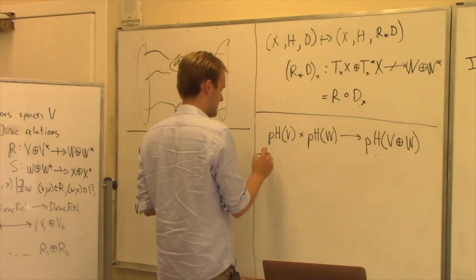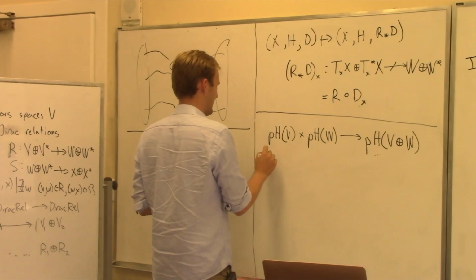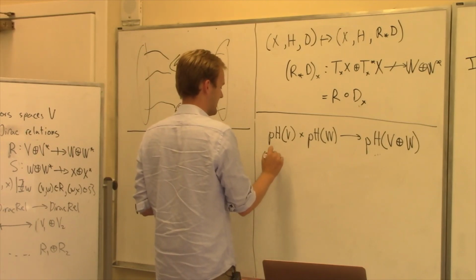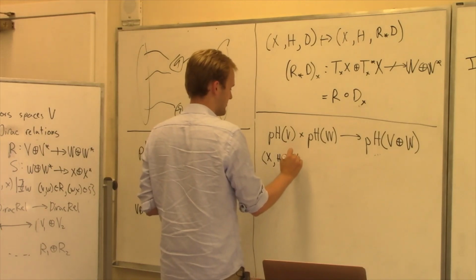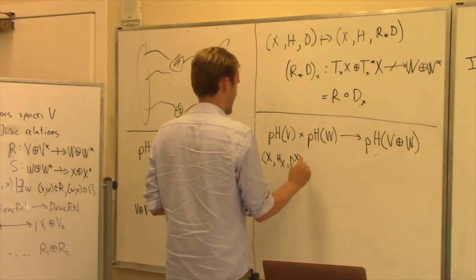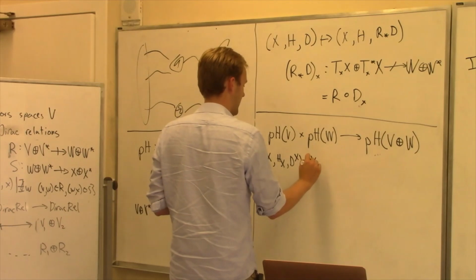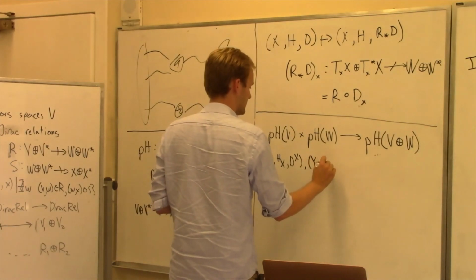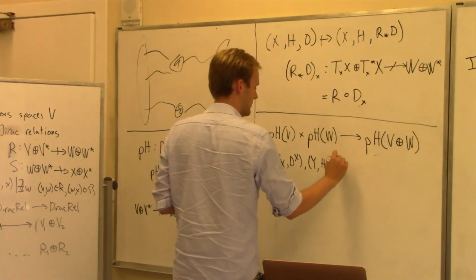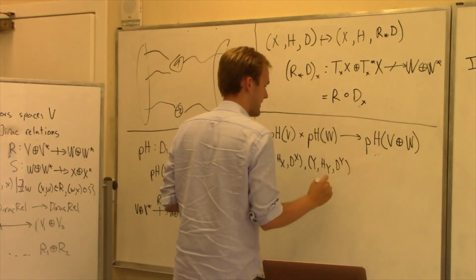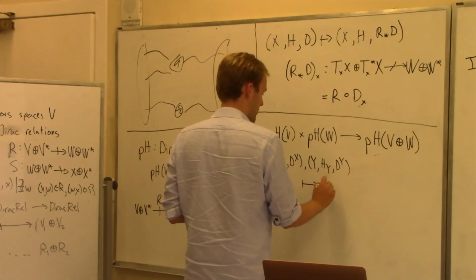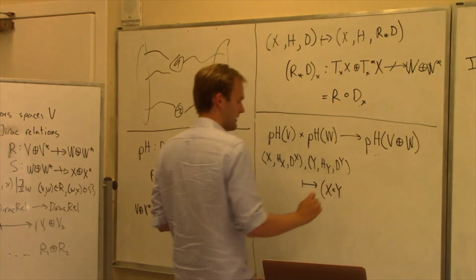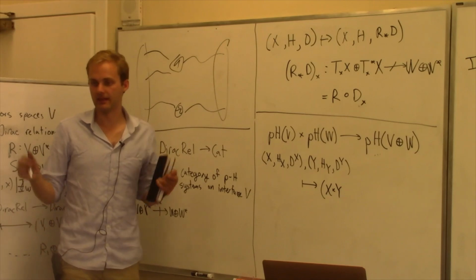So we're going to take X, H sub X, D, I have to use a superscript X here, and Y, H sub Y, D sub Y. And this is just going to map to the Cartesian product of X and Y. That makes sense.